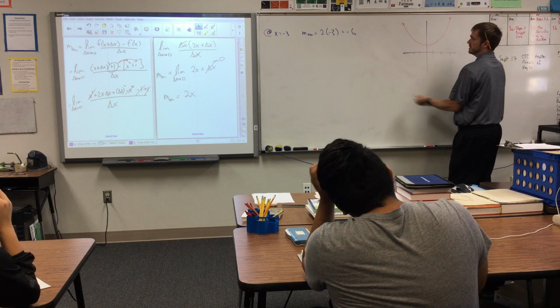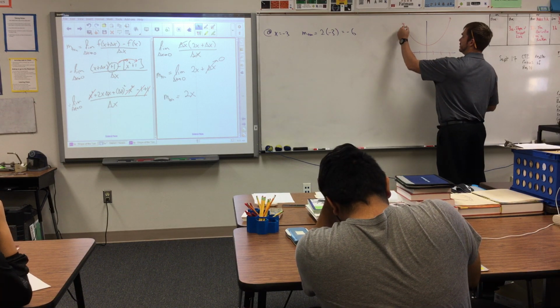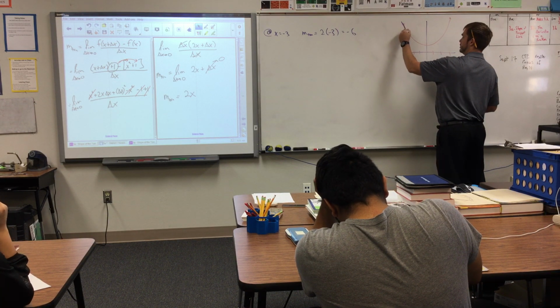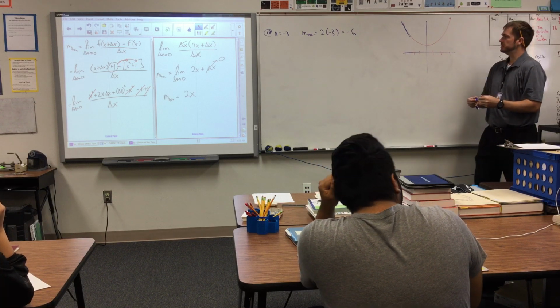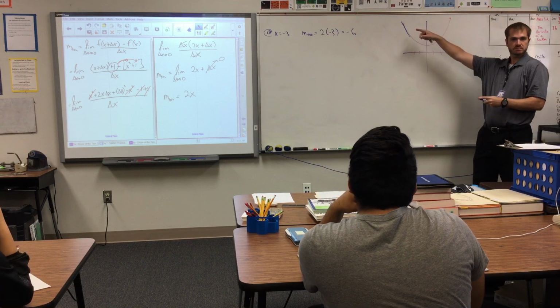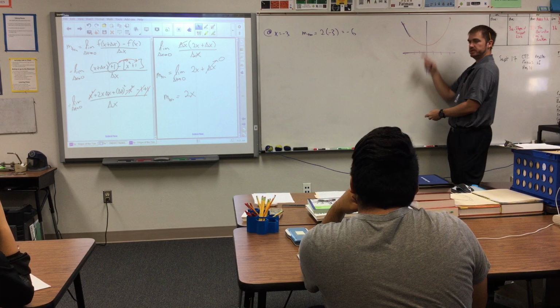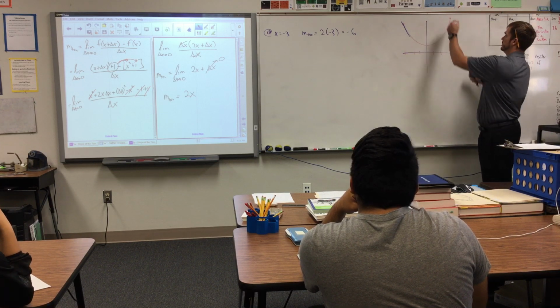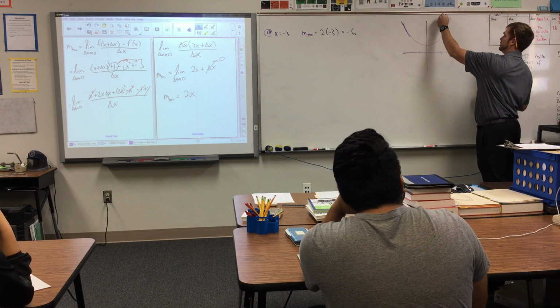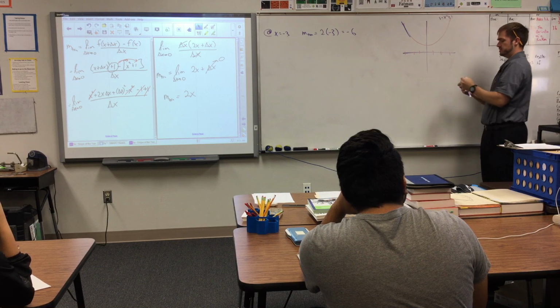Let's see if that makes sense. At -3, we're saying the slope of the tangent line is -6. Would y'all agree with that statement? Does it look realistic? This is the function, right? Y equals x squared plus 1.